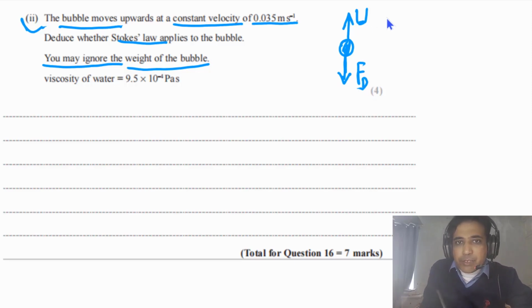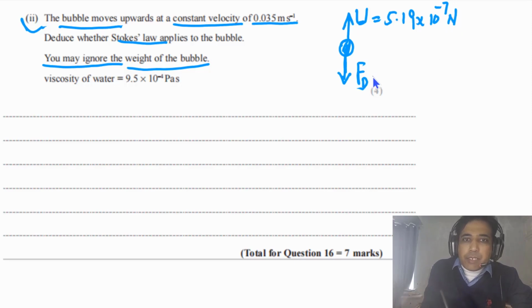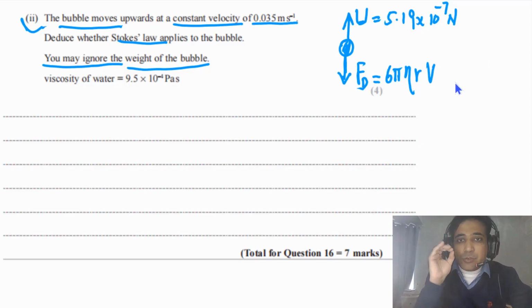The upthrust we have already calculated: 5.19 times 10 to minus 7 newtons. The drag force we can calculate using Stokes' law, 6 pi eta r v, where v is the velocity. If these two forces are equal, it means Stokes' law applies. If these two forces are not equal, it means Stokes' law does not apply.